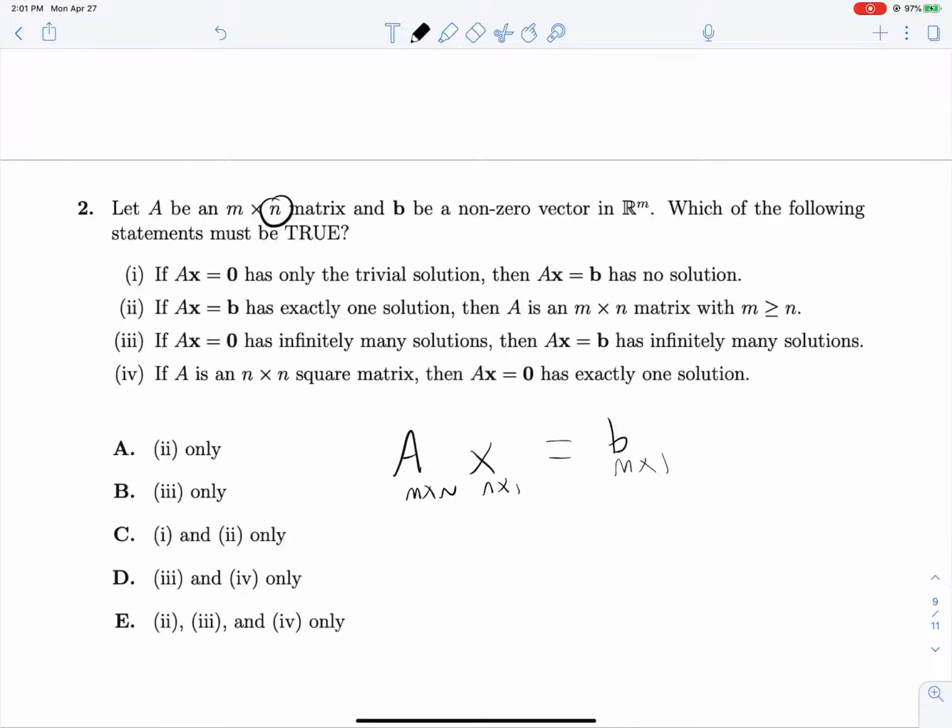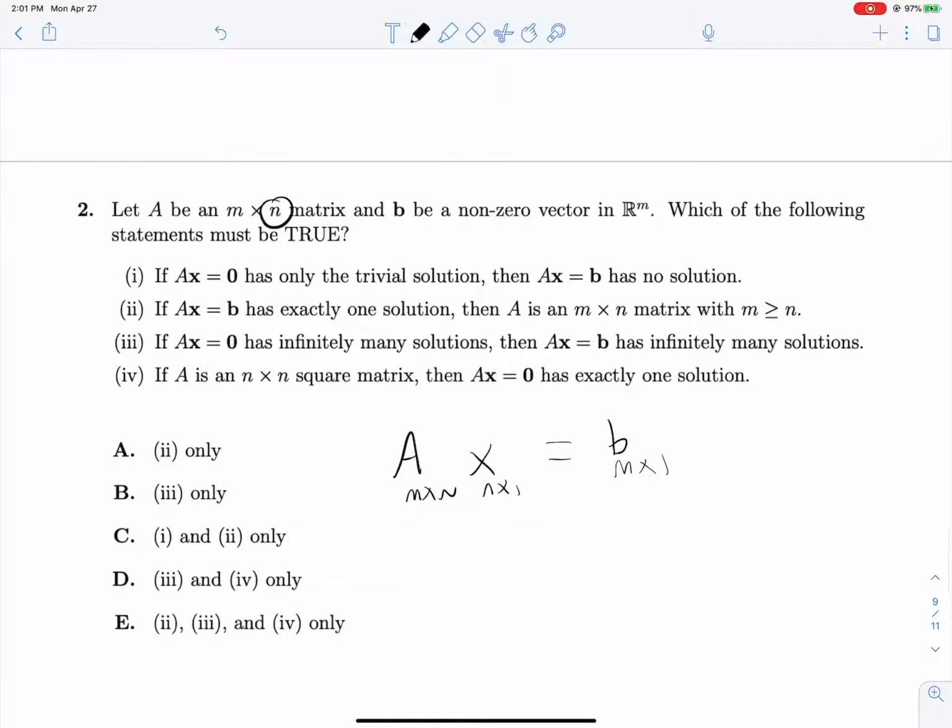Okay, so if Ax equals 0 has only the trivial solution, what does that mean? That means that our matrix is full rank, and thus that the columns of our matrix are linearly independent, so the transformation represented by that matrix is onto, but it is not necessarily 1-to-1. It will only be 1-to-1 if our matrix is square.